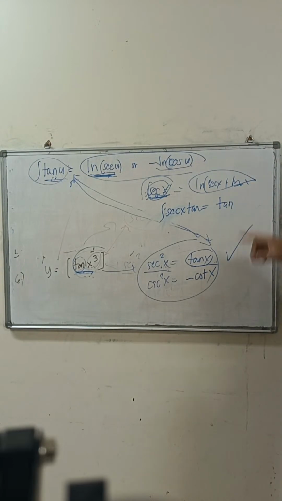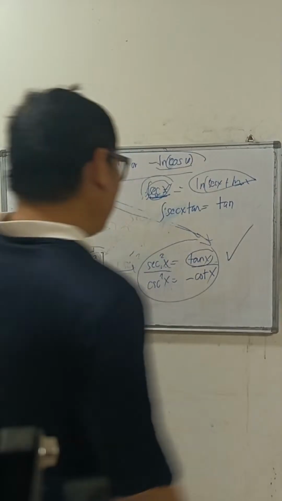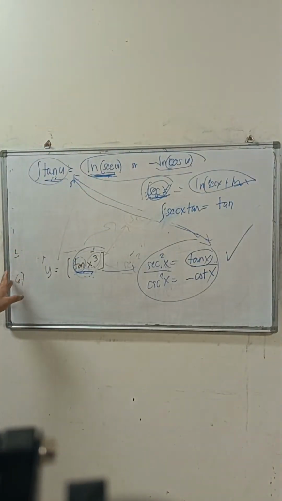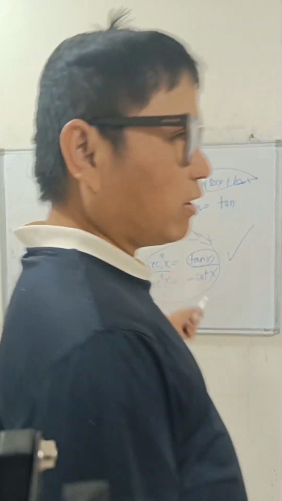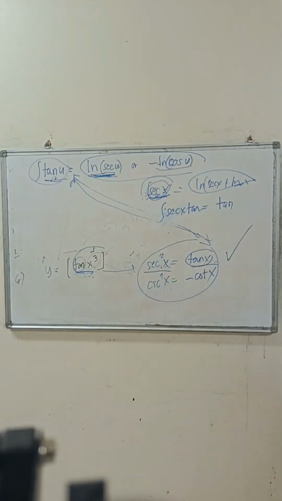So ang imo, kung tangent imo, secant x tangent x. You get the point no? Things like that. Basta mag-squared gani ka, okay, imong ang tangent o cotangent na siya. Okay? Things like that. Any questions so far for that?